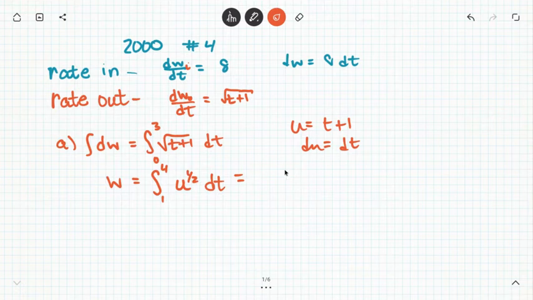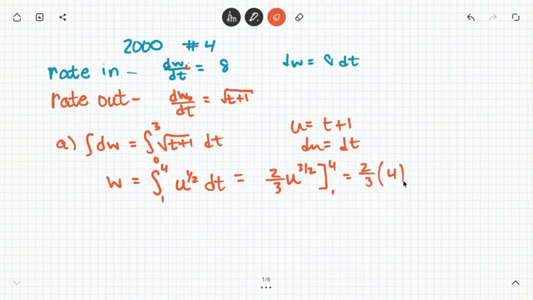And then we're going to add 1 to the 1/2, and that gives us 3/2. And then we divide by 3/2, which gives us 2/3. And we evaluate that from 1 to 4. Again, this is a non-calculator section, so you need to be able to do 4 to the 3/2 and 1 to the 3/2, which is not too bad.